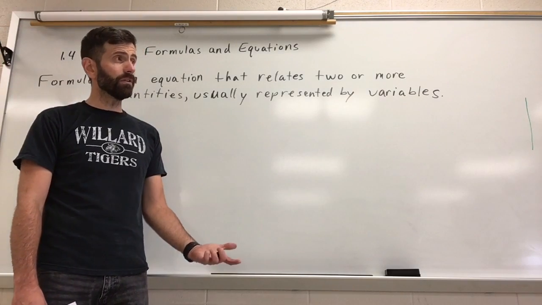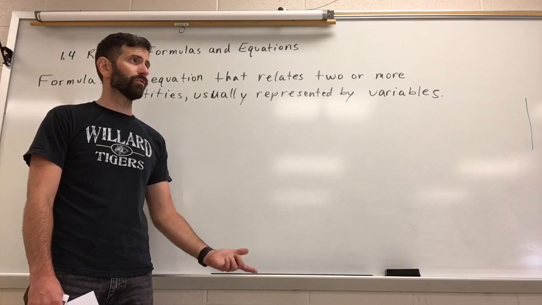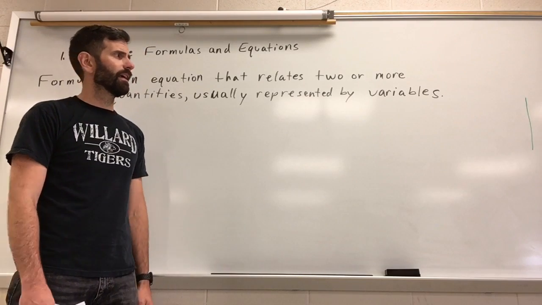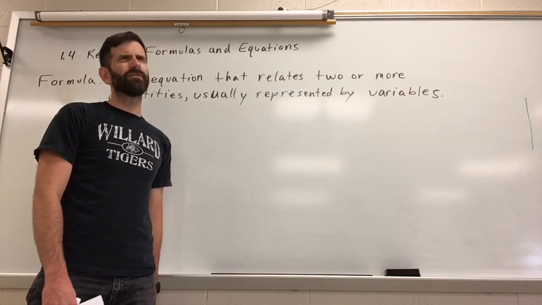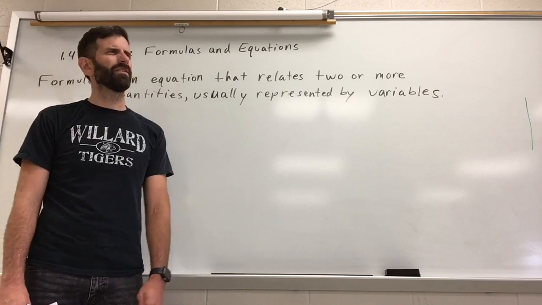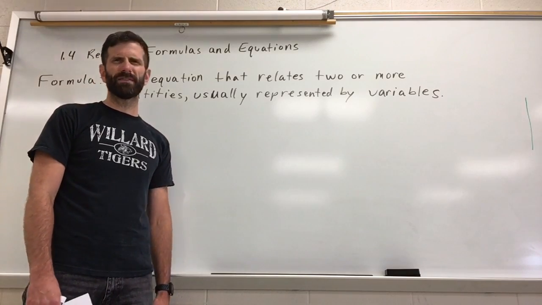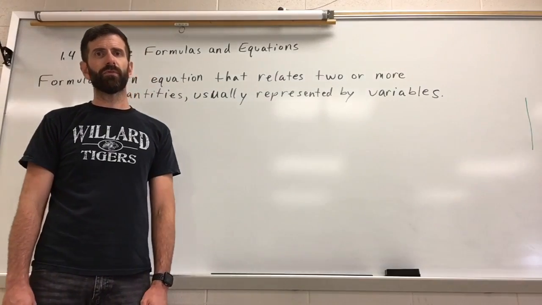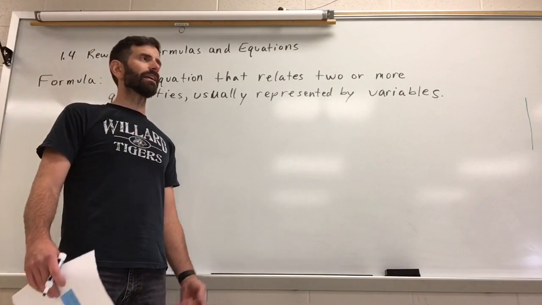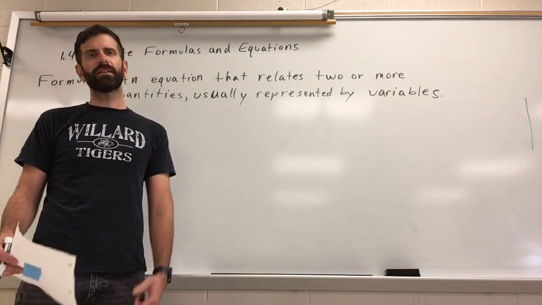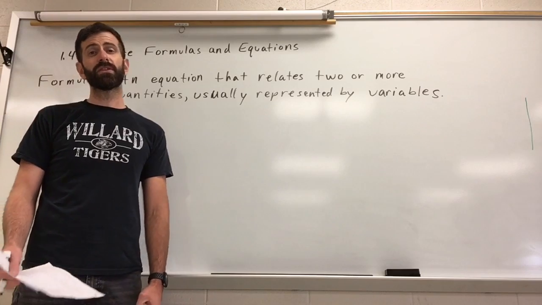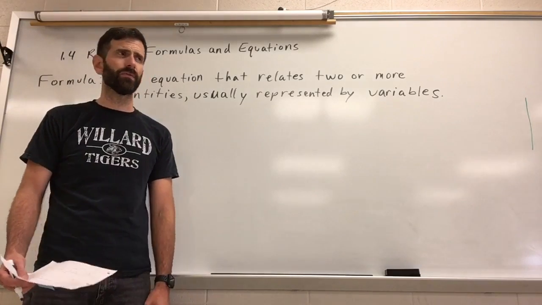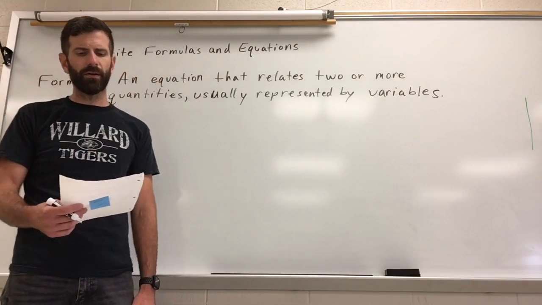Area of a triangle, area is equal to 1/2 base times height. Area of a rhombus is like area equals 1/2 diagonal 1 times diagonal 2. Different things like that. You've got a lot of experience with formulas. And even though you've had a lot of experience with it, this section can be particularly tricky for a lot of people. So let's dive in and see how we feel about it.